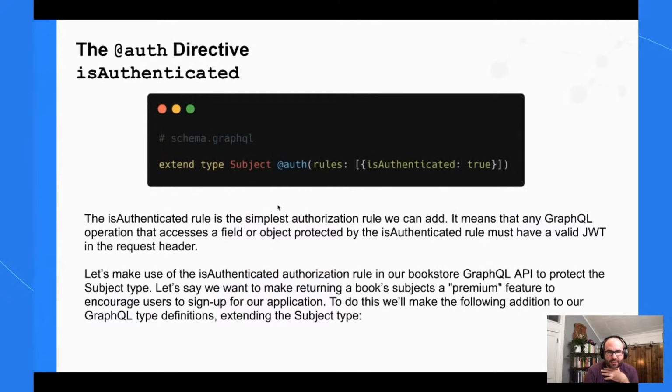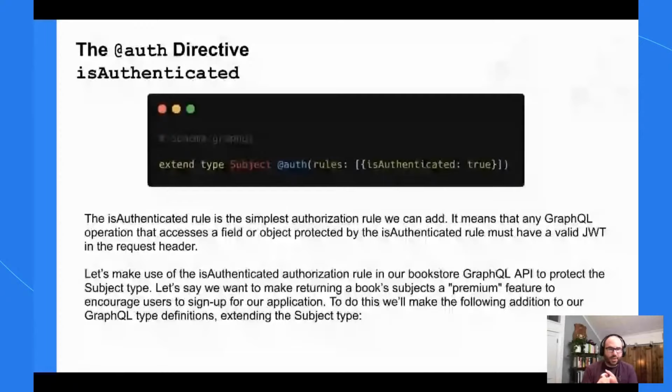So this auth directive is another schema directive that we use to define authorization rules in our GraphQL schema. And there are a number of different types of rules that we can define. We're about out of time here, so I'll just mention what those rules are and then point to some resources where we can find more about those. So the first rule is just isAuthenticated.